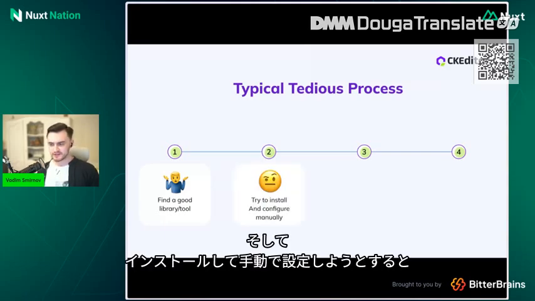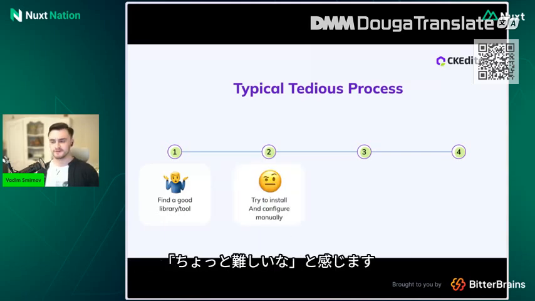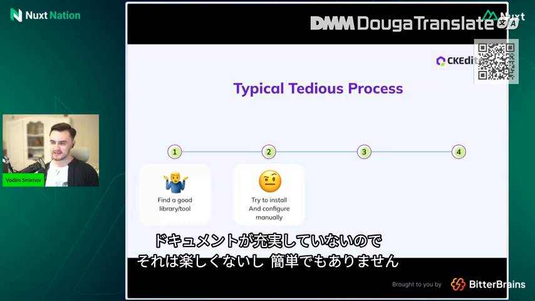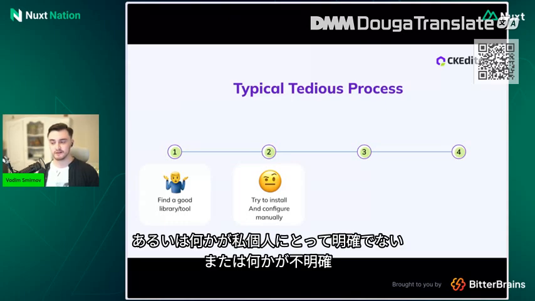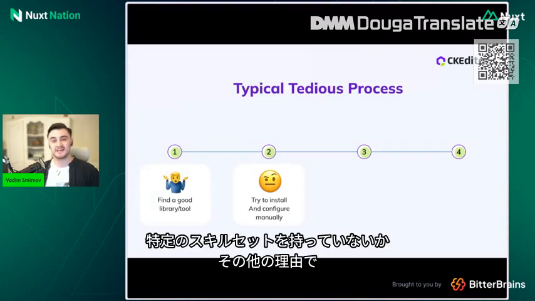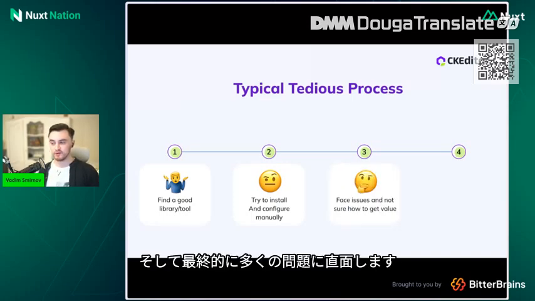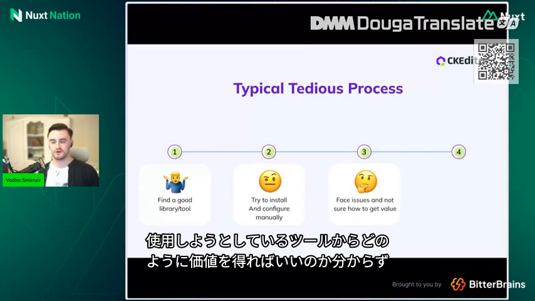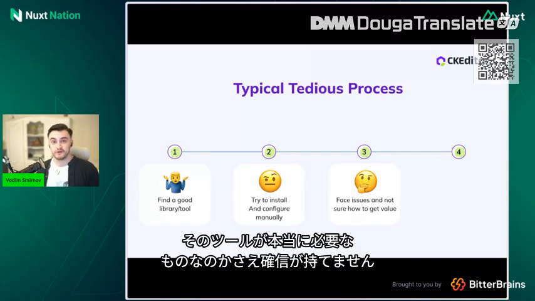And then you try to install and configure it manually, and you feel like, yeah, that's a little bit tricky. That's not that fun, not that easy, because it's not well documented, or something is unclear to me personally, or I don't have a specific set of skills. You eventually face a lot of issues and are not sure how to get value from the tool you plan to use. You're not even sure if the tool is exactly what you need.